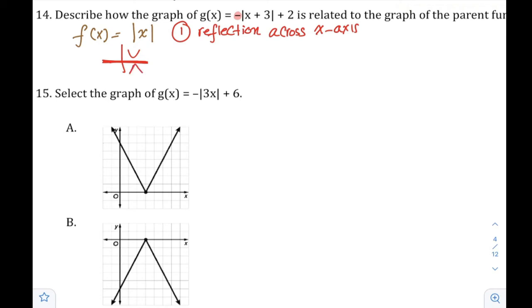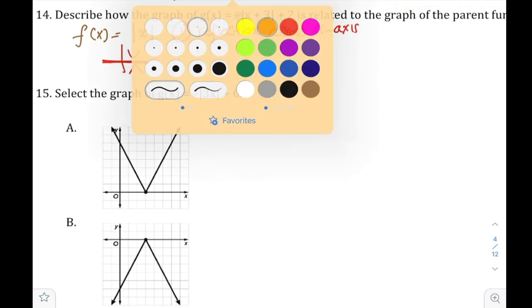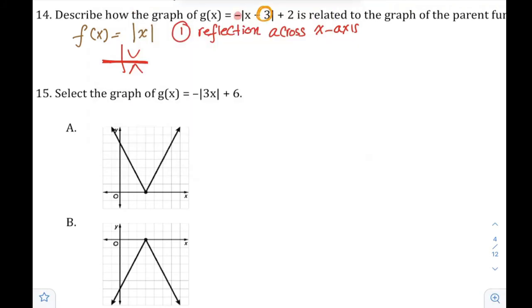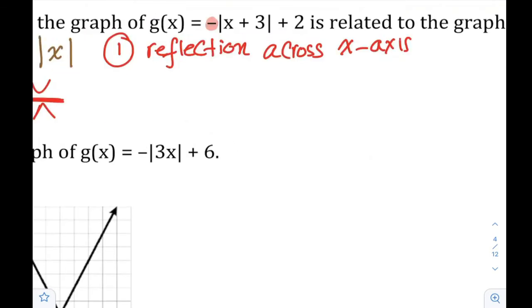Okay. Number 2, we have here a number 3 inside the bracket. And this is, let's write in green here. This is inside the bracket with a sign of plus. So it is moving horizontally, horizontal translation, and it will move 3 units left.